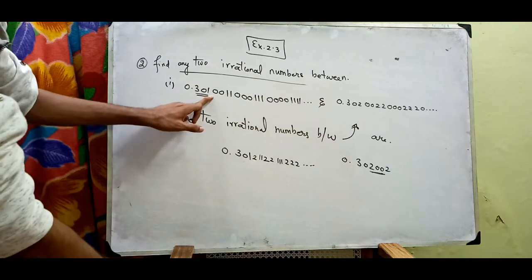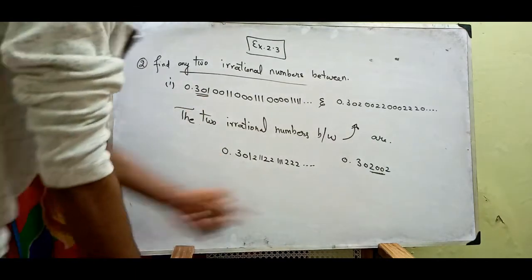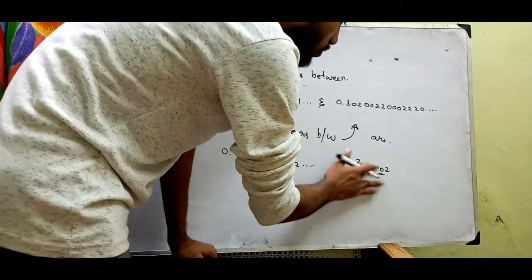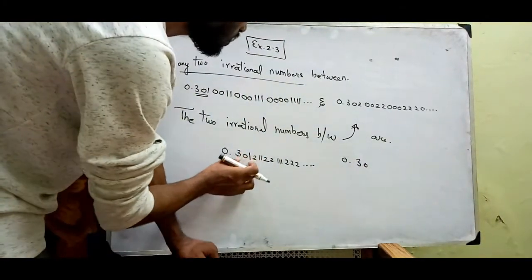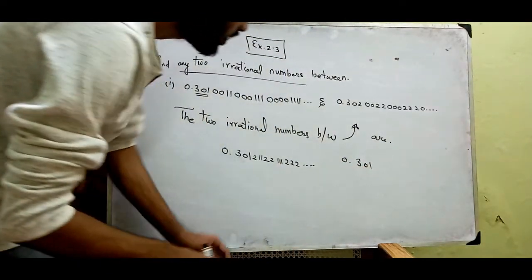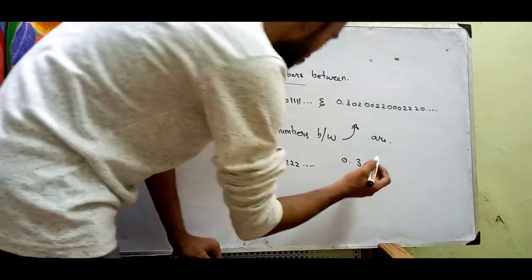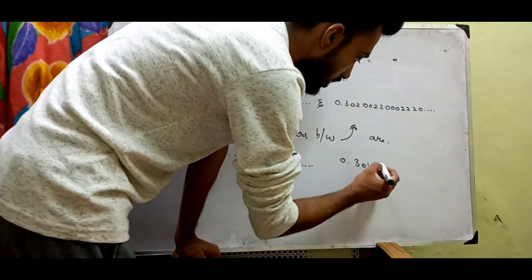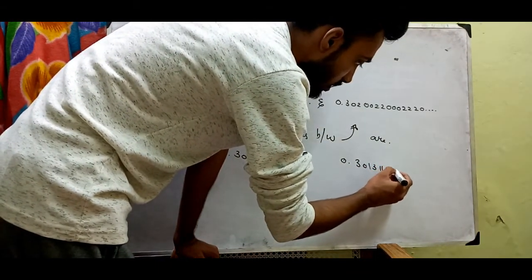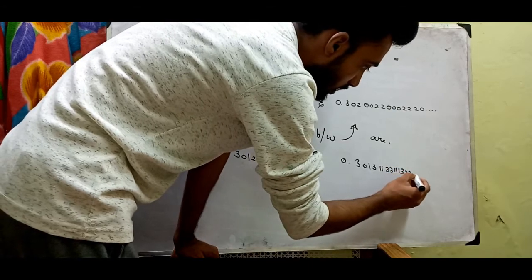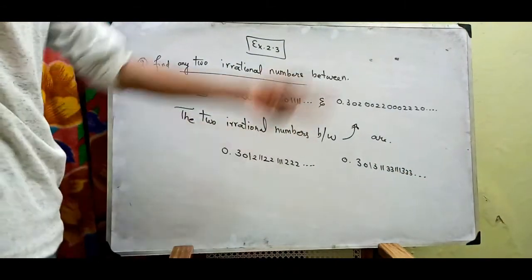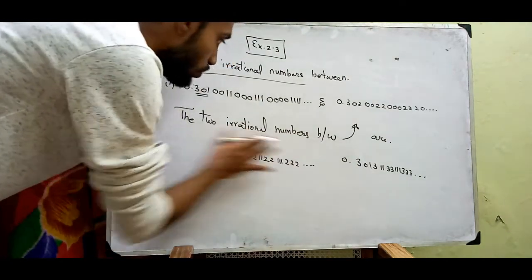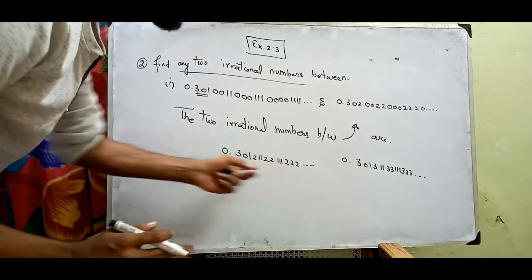These are the numbers after this. Then before the 200, we can easily write, because it is 301. If I take 3 here, it is not a big problem: 1 3, 1 1 3 3, 1 1 1 3 3 3, and so on. You can write as many numbers as possible. Yes, these are two irrational numbers between this and this.